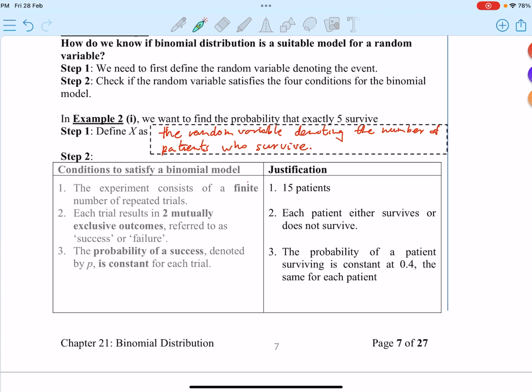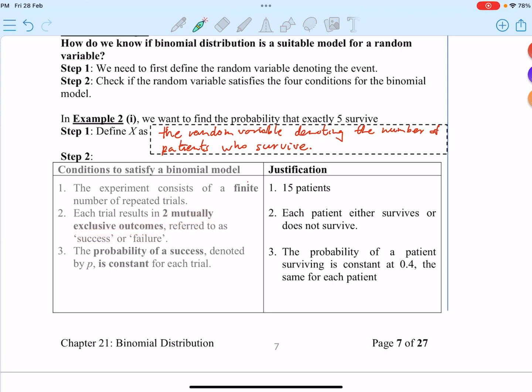Right, then in the next step, step 2, we are checking whether it satisfies a binomial model. The first condition says that the experiment consists of a finite number of repeated trials. In this case, we have 15 patients, so we have 15 repeated trials. For the second condition, we are looking at whether each trial results in 2 mutually exclusive outcomes.